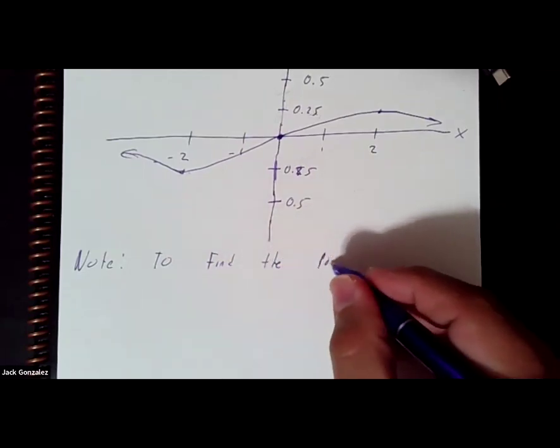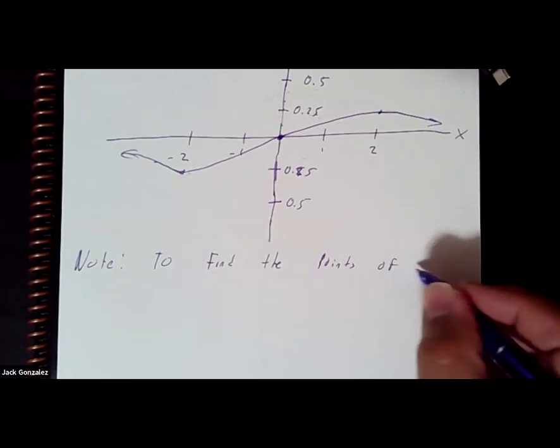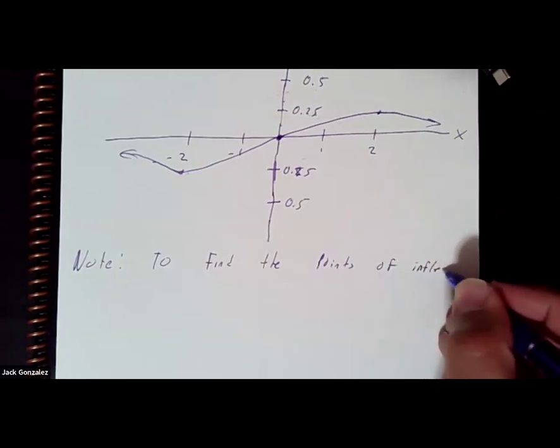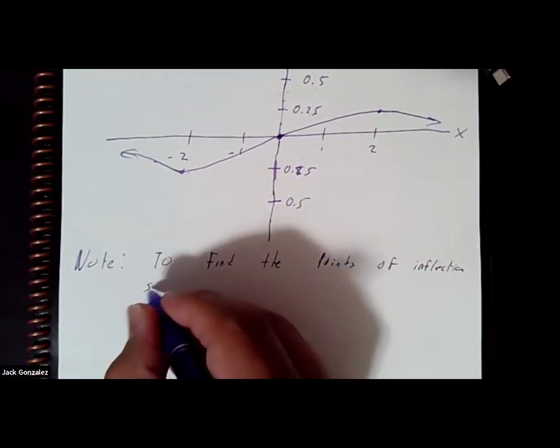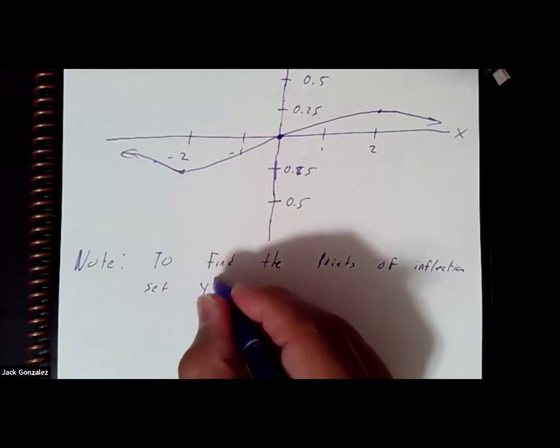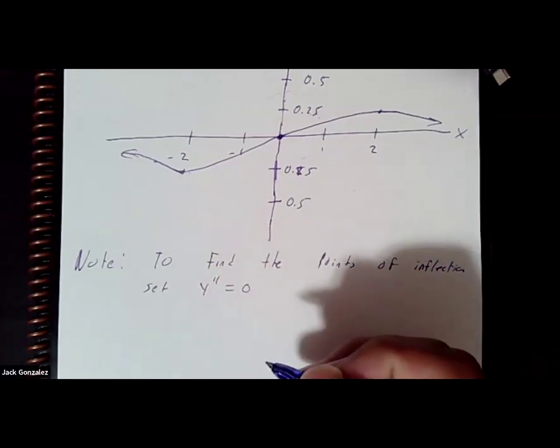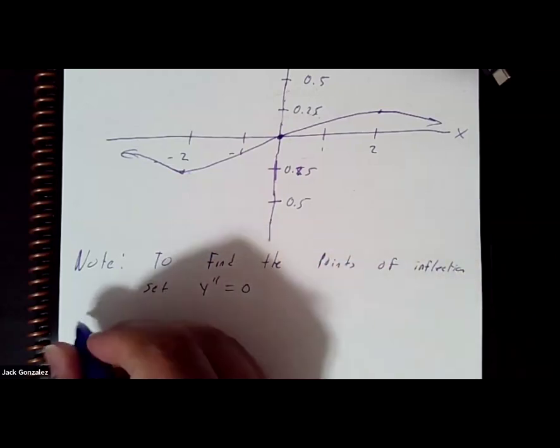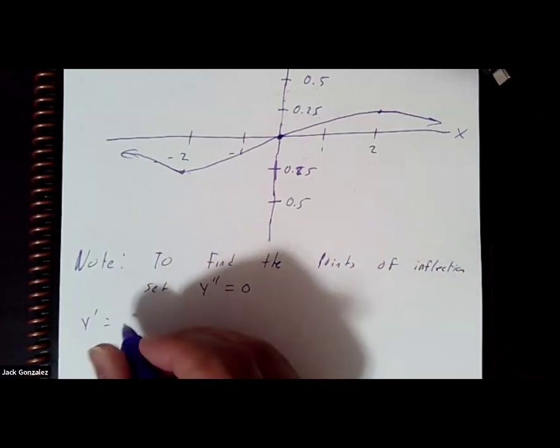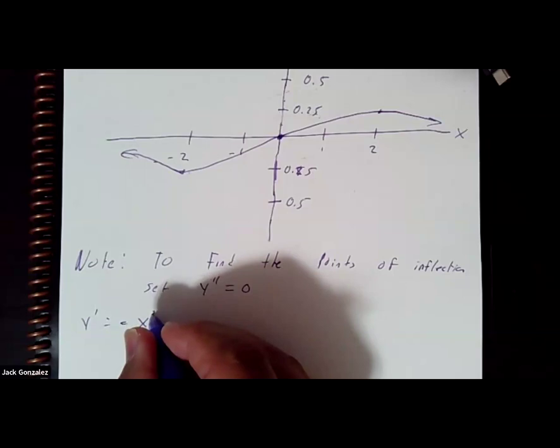Find the points of inflection. Set y double prime equal to 0. So y prime was equal to this garbage.